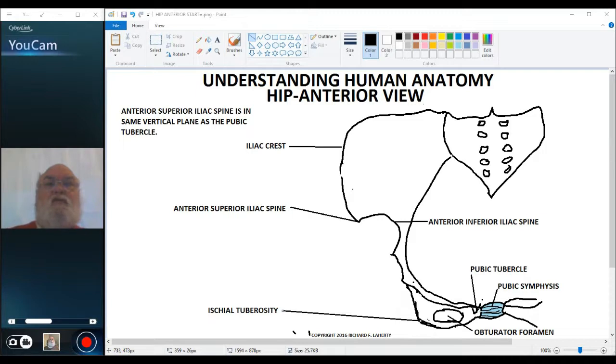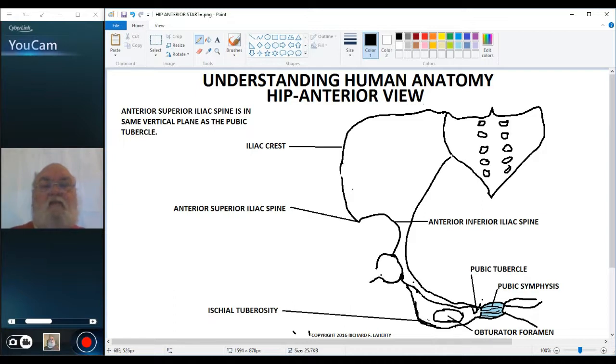Next, I'm going to sketch in the femur, or at least the proximal portion of the femur. And I'm going to start down here at the head, and we can only see part of the head of the femur because most of the head of the femur is sitting in the acetabulum.